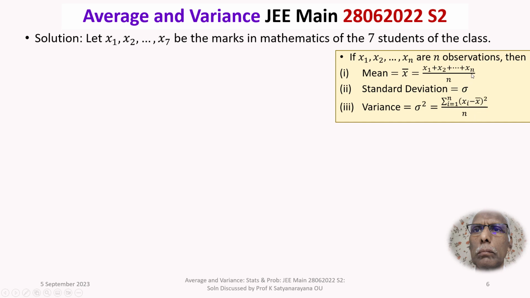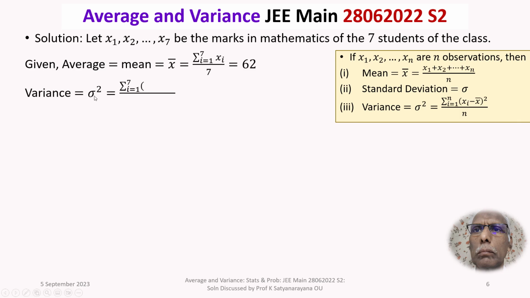In our case, n is 7, and now given average. Average means the mean. The mean, denoted by x bar, is given to be 62. The variance sigma square is equal to sigma i equal to 1 to 7, (xi minus x bar) whole square, by 7, and the variance is given to be 20, and we have x bar is 62.